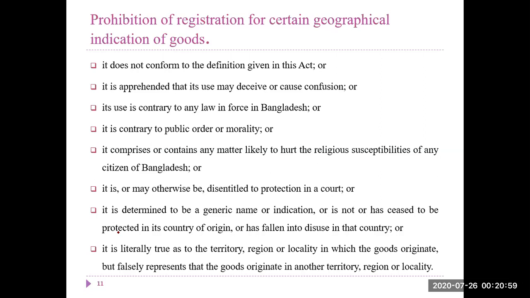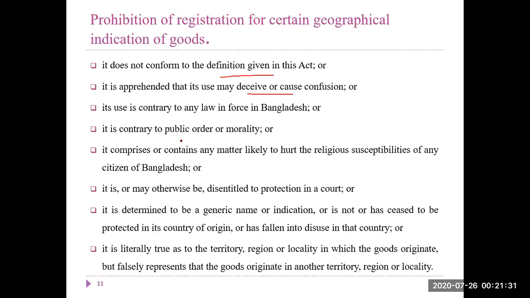Now, there are some prohibitions on registration for certain geographical indications of goods. If it can deceive or produce confusion, and this criterion is present in any GI product, then it will not be applicable for registration, or it will be disqualified as a GI product.